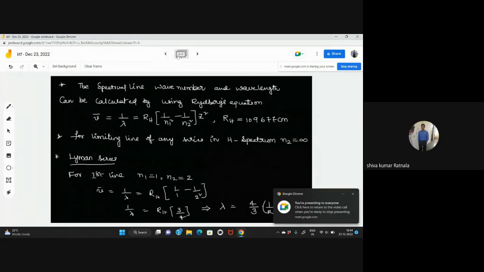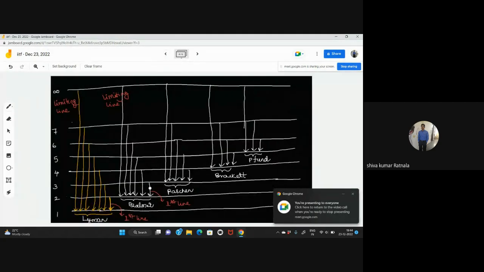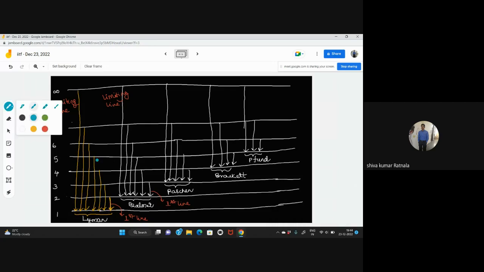Now see here. This is the first line, right? In any series, that first line we are going to represent with H alpha, and the second line will be represented with H beta. Third line will be H gamma, and fourth line is H delta.